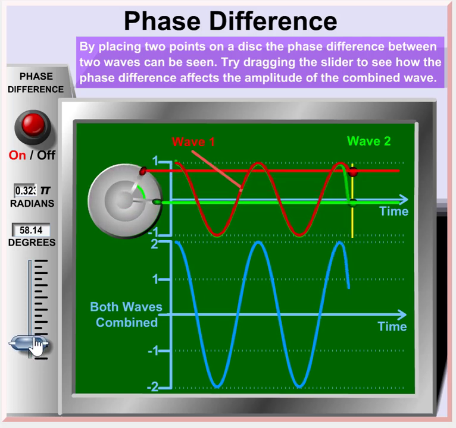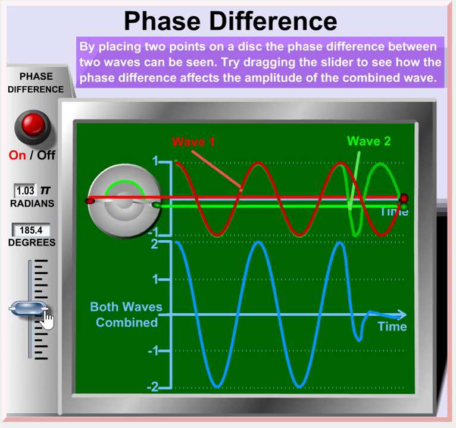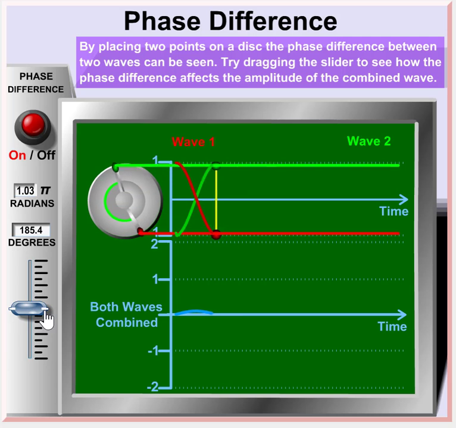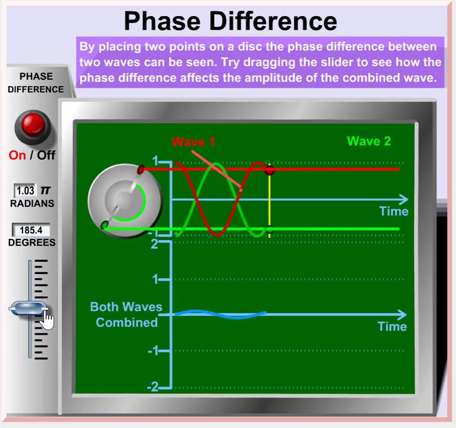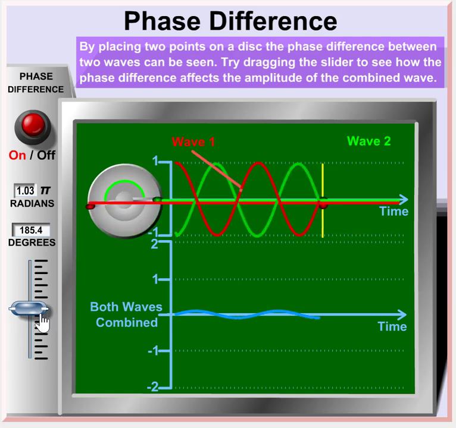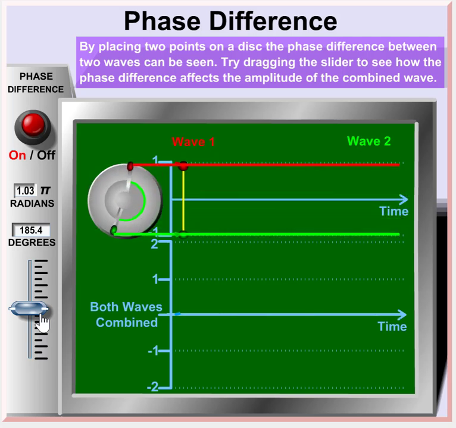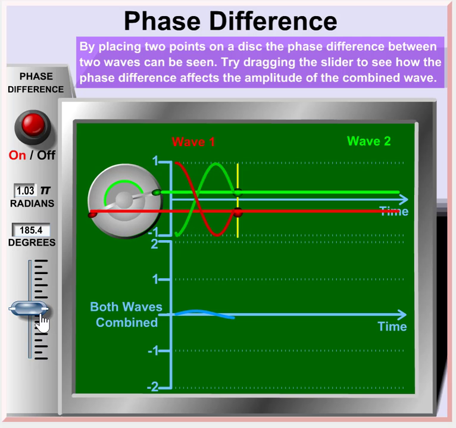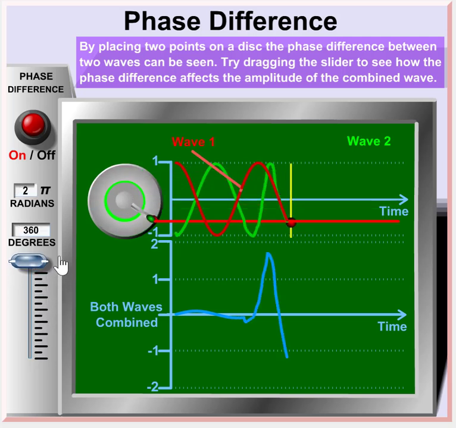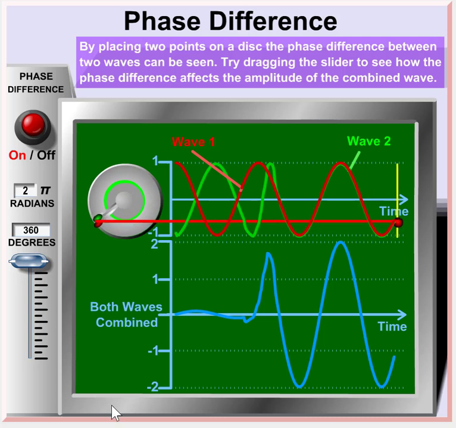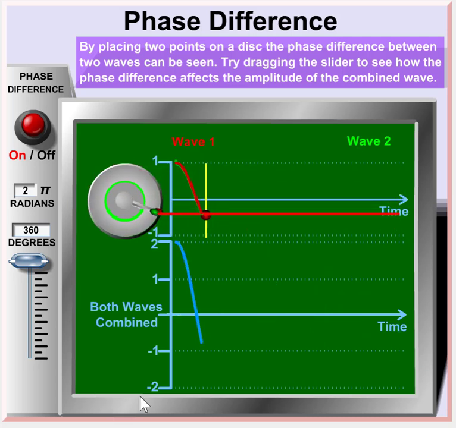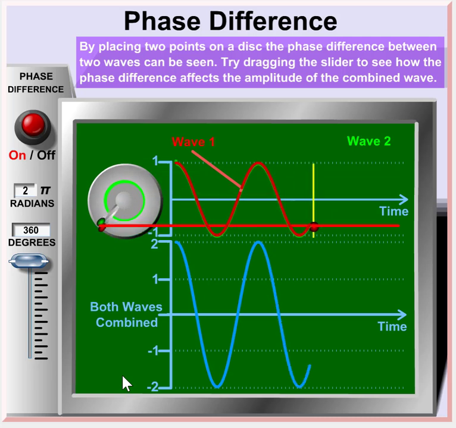Totally destructive interference means they're about half a wavelength out of phase, or 180 degrees out of phase, or pi radians out of phase. Interesting, if I continue to get them out of phase, so they're 360 degrees out of phase, they're back in the same location again. And so 360 degrees out of phase, or 1 wavelength out of phase, is the same as being in phase.